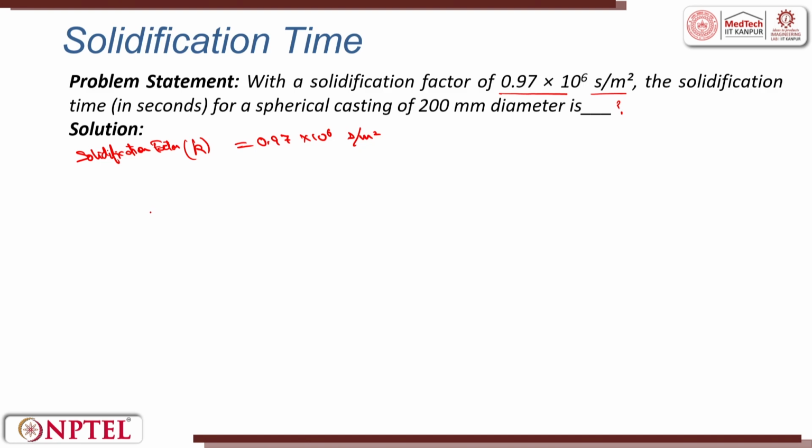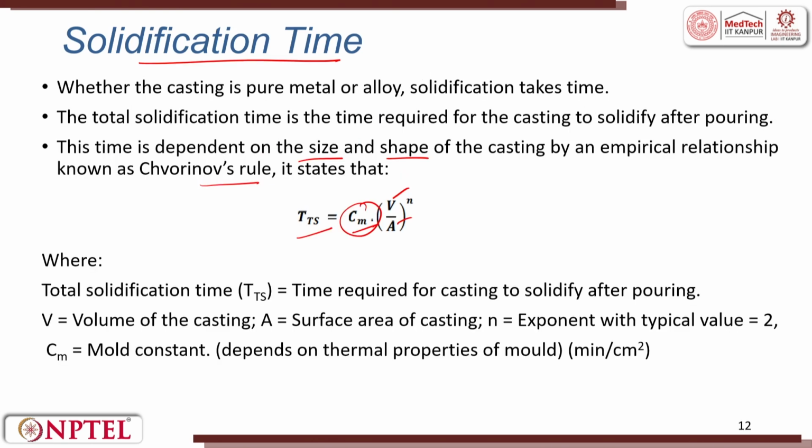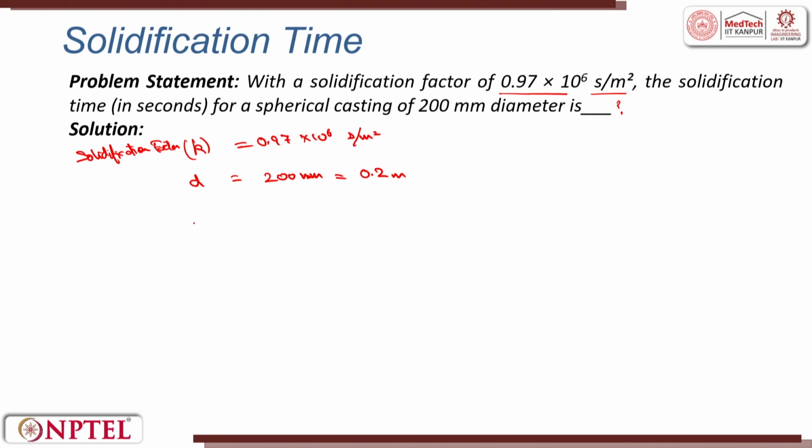Diameter of the spherical casting is 200 millimeters. I would say D here is 200 millimeters, or I could even say it as 0.2 meters. We need to calculate the solidification time T.